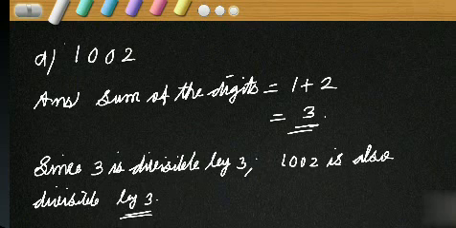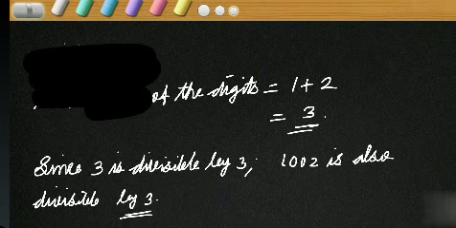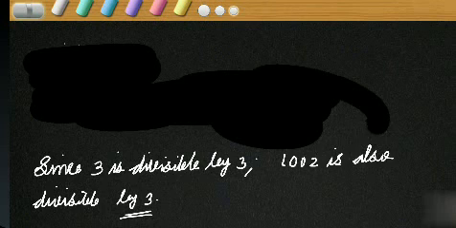Very easy, isn't it? Just find the sum of the digits, and if the sum is divisible by 3, we can say that the given number is also divisible by 3. Okay.